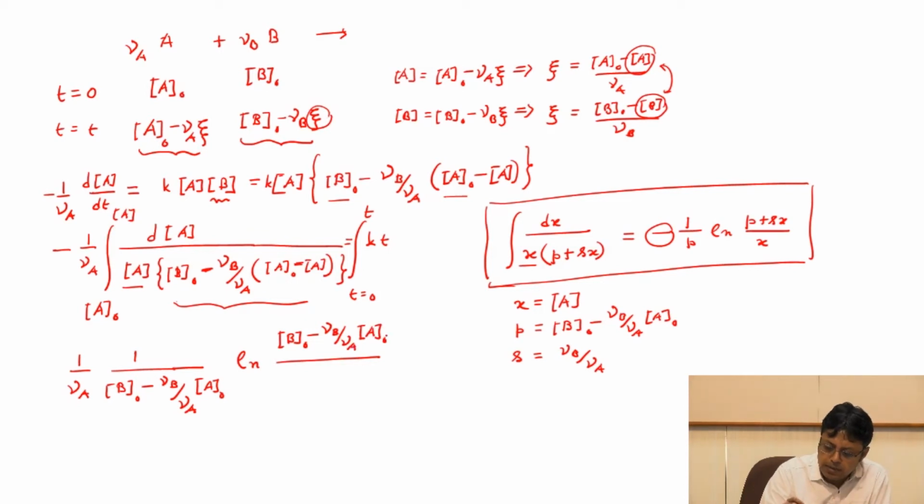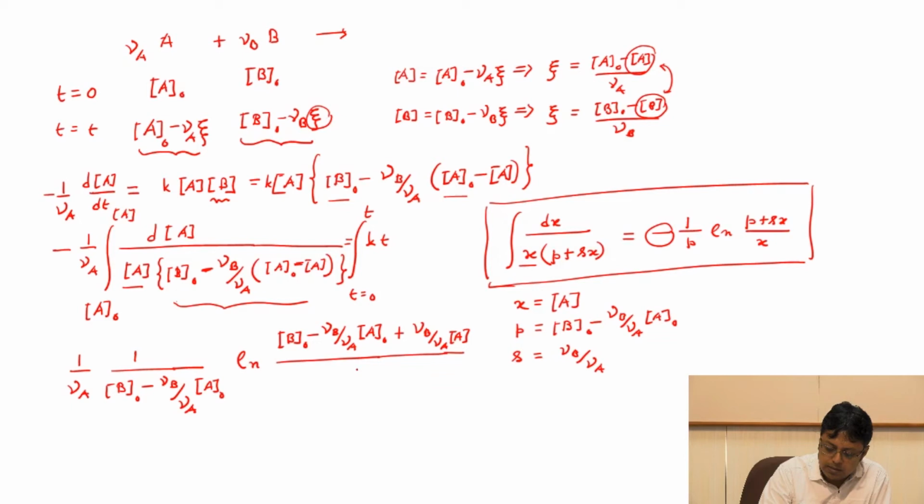That is the p. And p plus sx is nothing but what we have written in this entire part. So that was p, and then I had nu b by nu a into a, and it is divided by x.